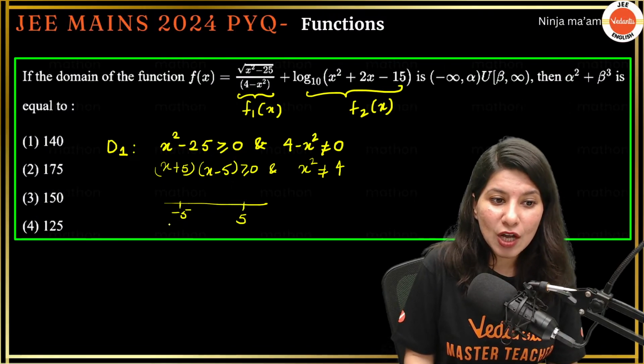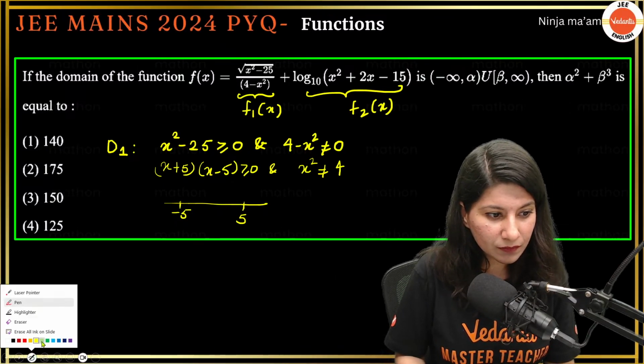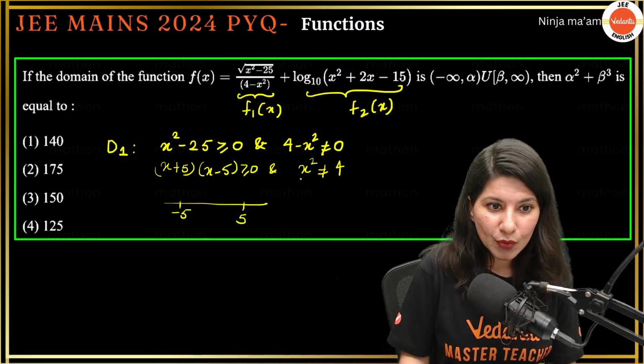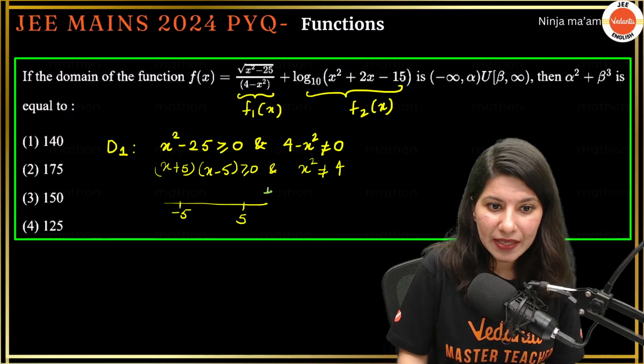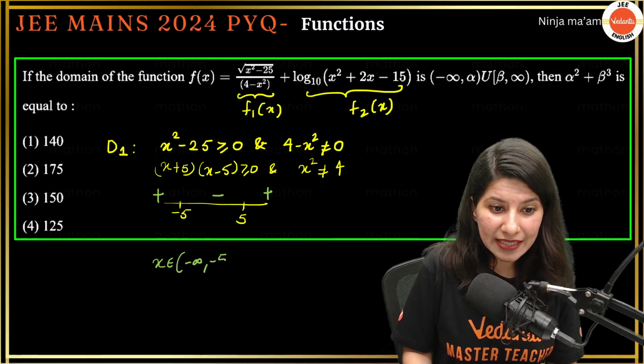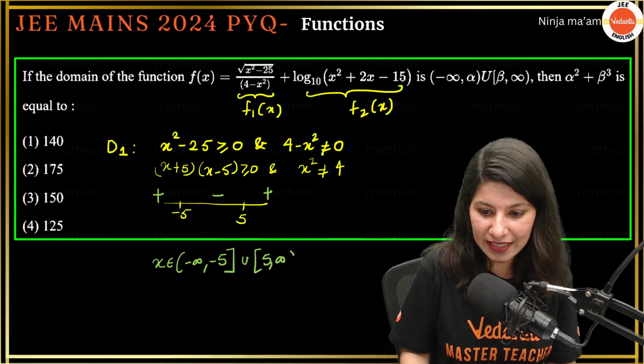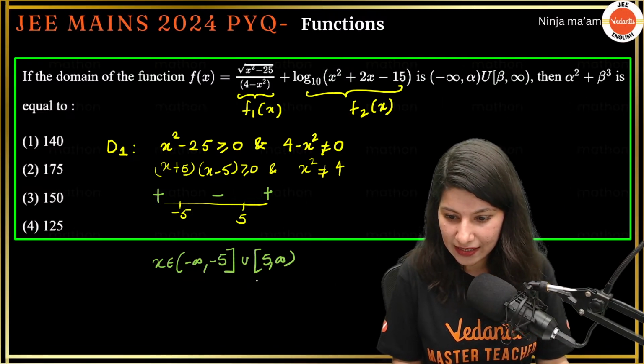Now minus 5 and 5 are already here. If you solve it, plus minus plus, finally it will give you x belongs to minus infinity to minus 5 closed, union 5 to infinity, closed. Clear?